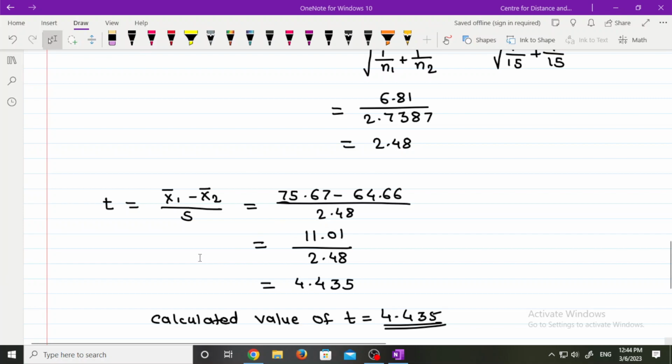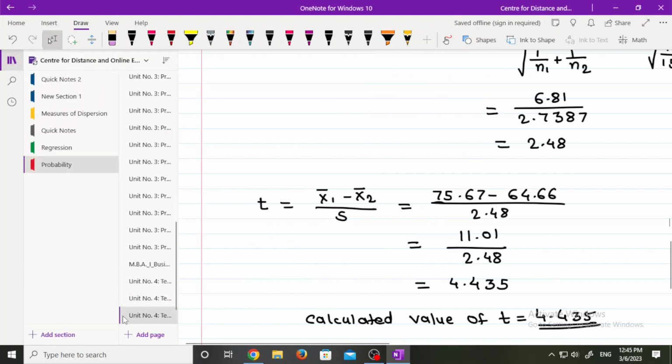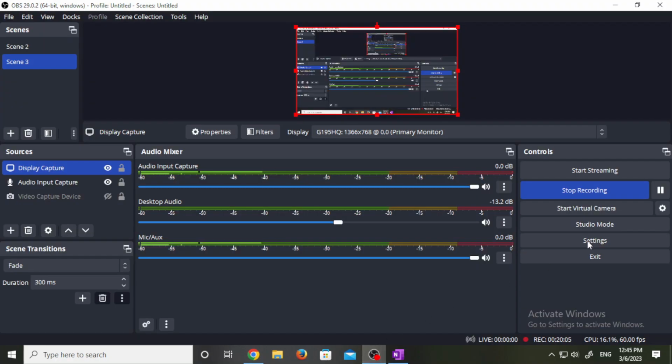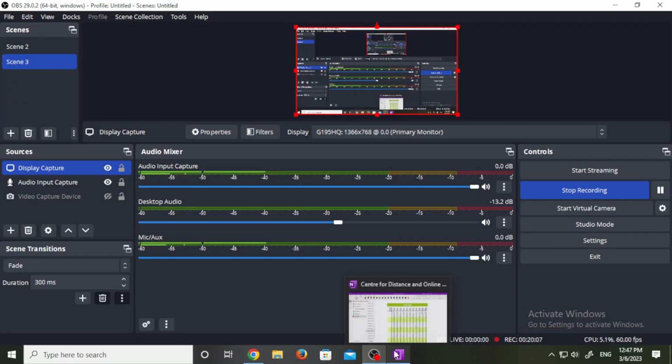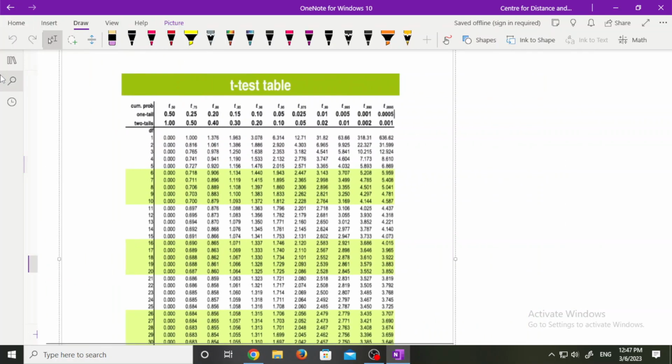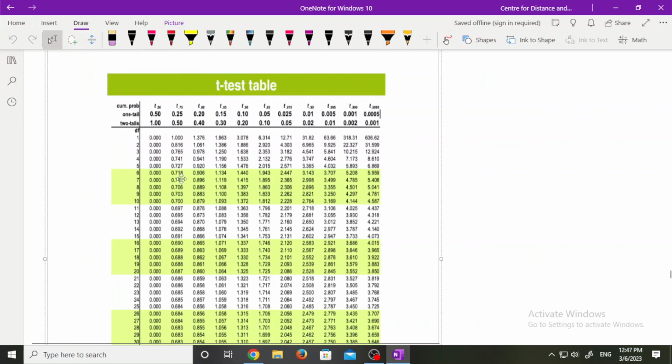the table value. We have to compare the calculated t value with the table value of t at the 5% level of significance at the given degrees of freedom.